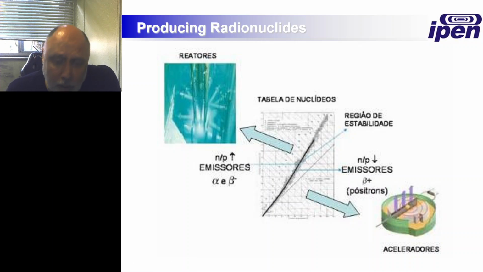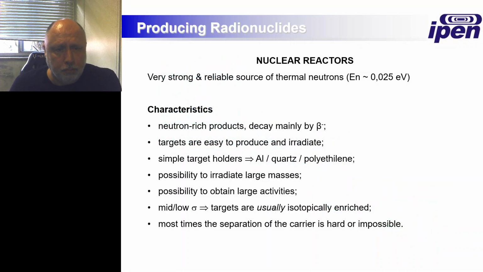You can produce beta minus emitters through accelerators too. It's also possible, and it's also done, but most of the research on accelerators tends to think of beta plus. So if we want neutron-rich reaction products, we think of a nuclear reactor.